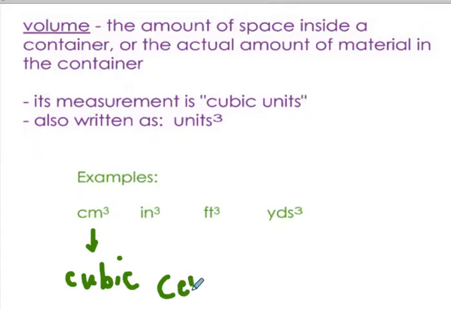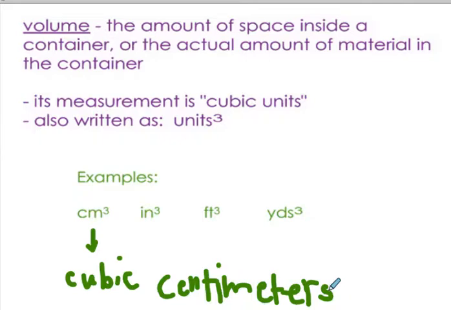Now I can write out the whole word, or I can write cm for centimeters. Here's another example, inches cubed, or we could say cubic inches if we write it out in words. Feet cubed, or feet to the third power, and yards cubed. And we're going to talk about why the measurement is written like that as we get into this a little more.